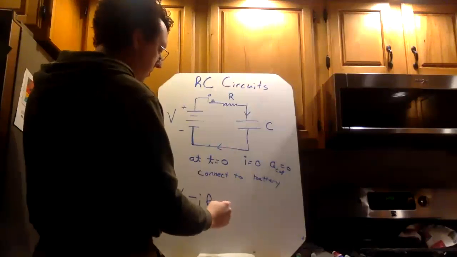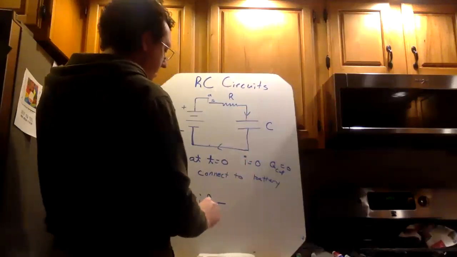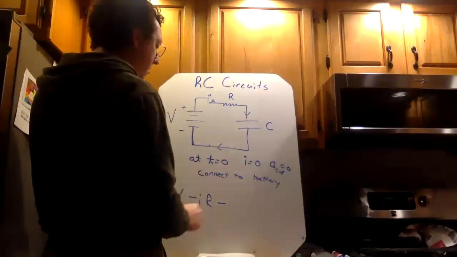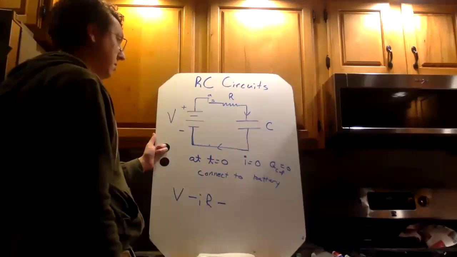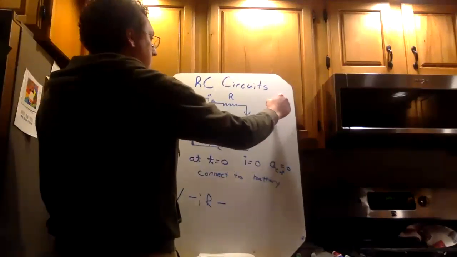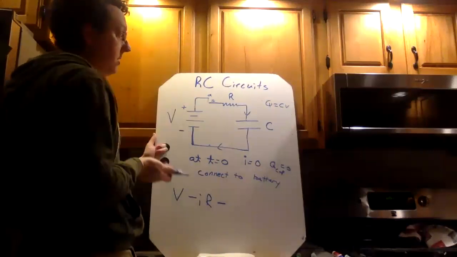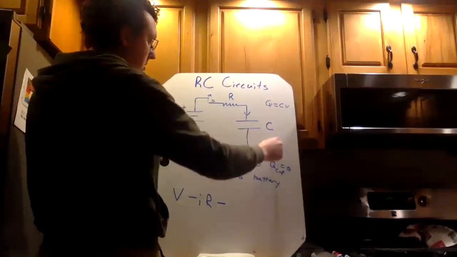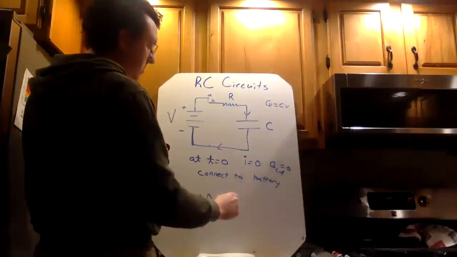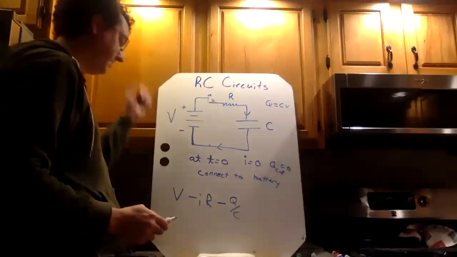So actually, as you cross the capacitor, you also have a minus. And now you need the formula for the voltage drop across the capacitor. Well, remember, for a capacitor, Q equals CV. Therefore, V on a capacitor is the charge on the capacitor divided by C.